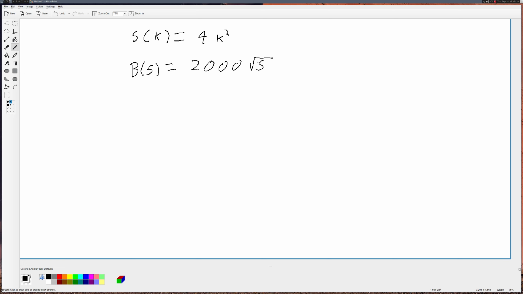So we want to know how much more money we make for every change in K, for how many more kilowatt hours we spend, if we use them efficiently. So first we want to find the change in B, of course. So we take dB. That will equal 1,000 over the square root of s multiplied by ds.